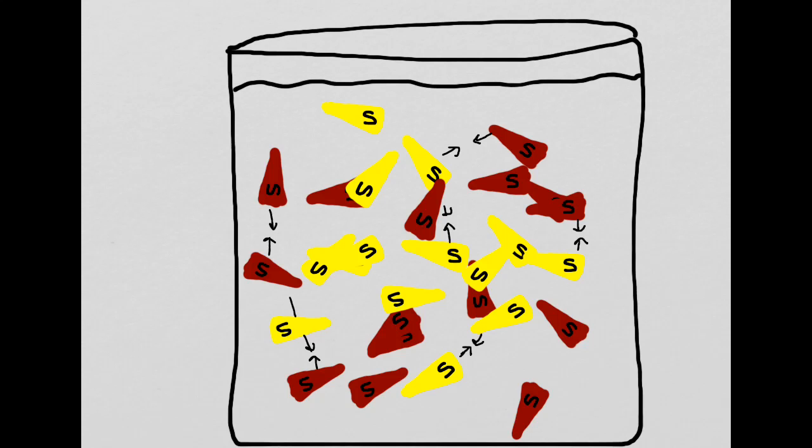And that extra push that's needed is activation energy. The energy needed to start a reaction. So activation energy is the energy that's needed to start a reaction, the energy that's needed to overcome those electron clouds repelling each other, and the energy that is provided by enzymes.